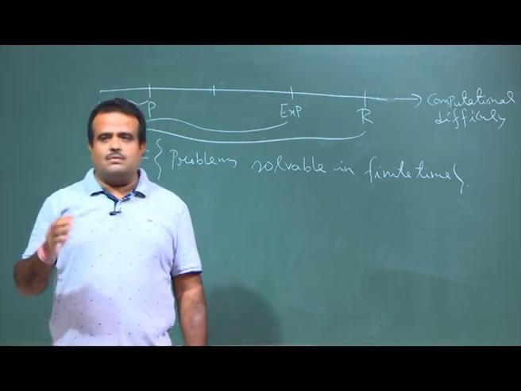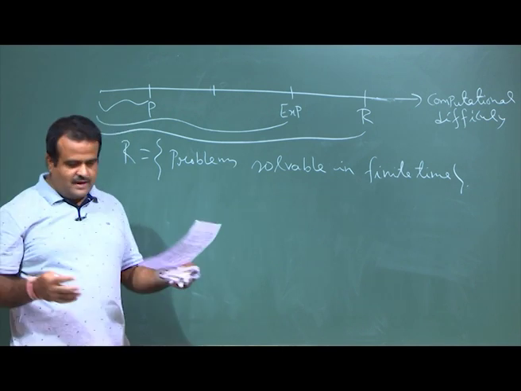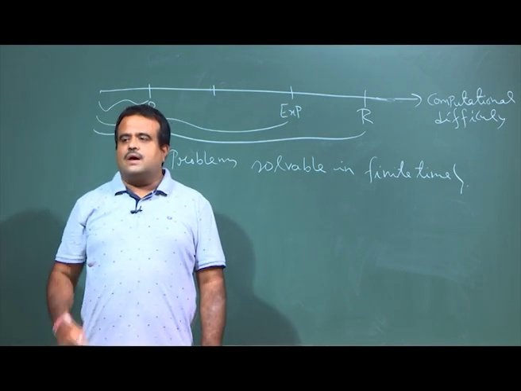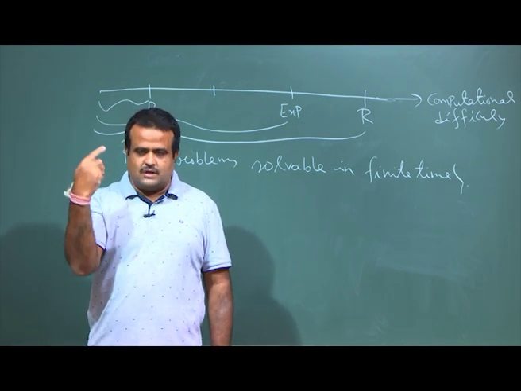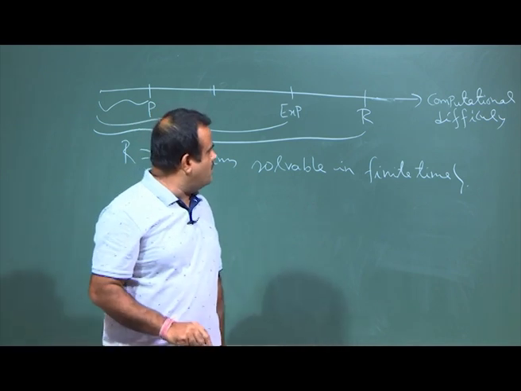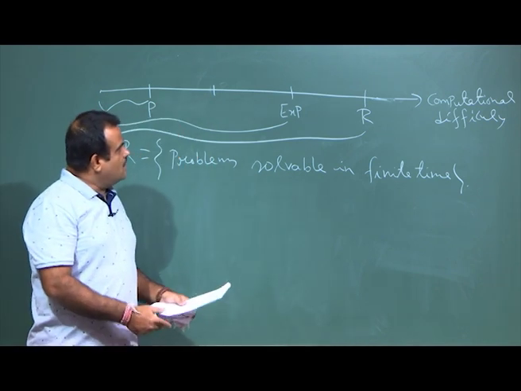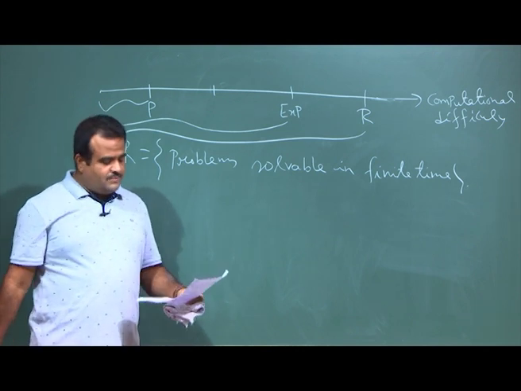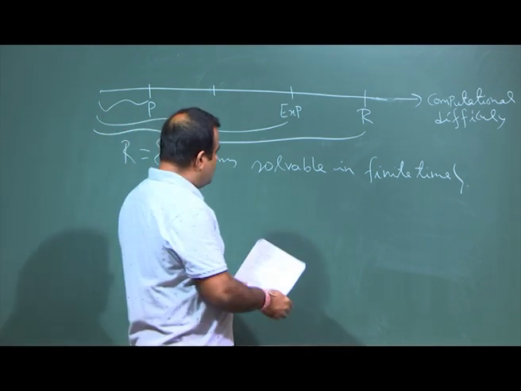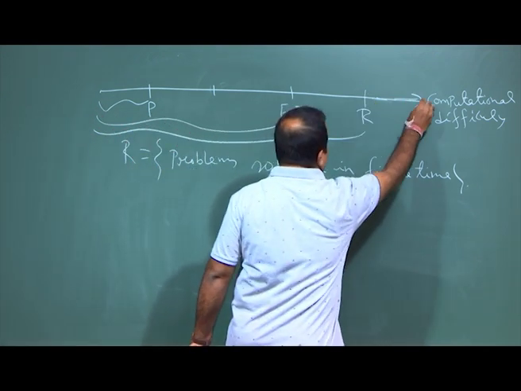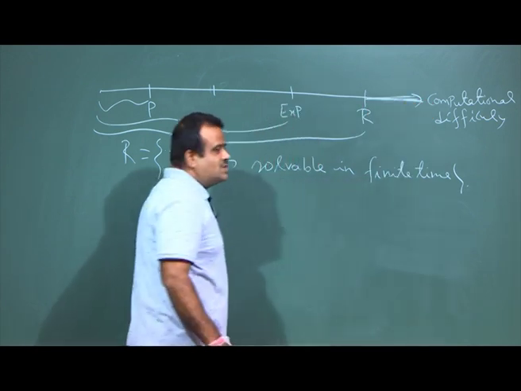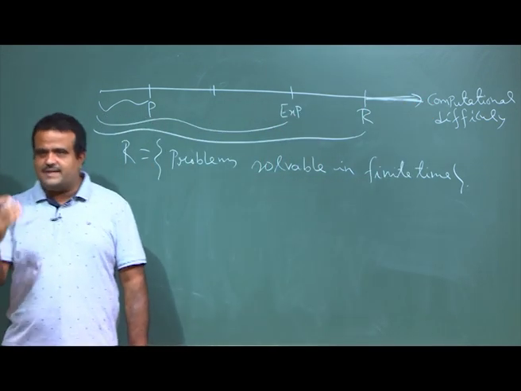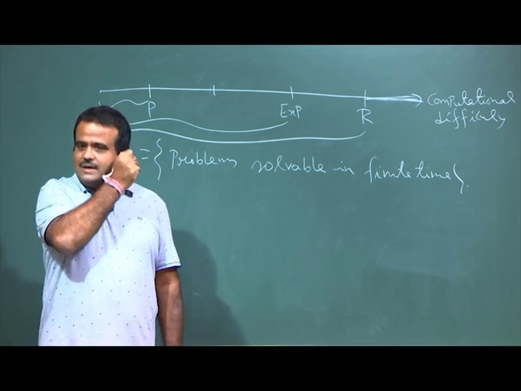I mean, we should have a finite machine which can give us a solved state. I am not going into those theoretical details. There are other problems which are here, which cannot be solved in finite time. These will take infinite time.